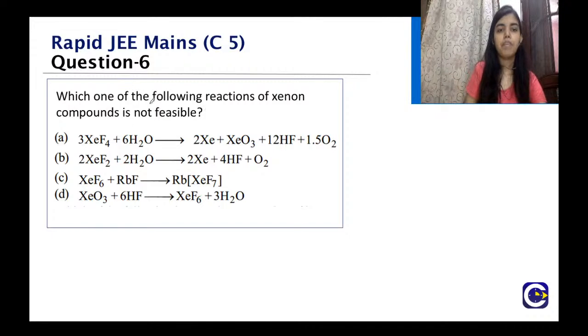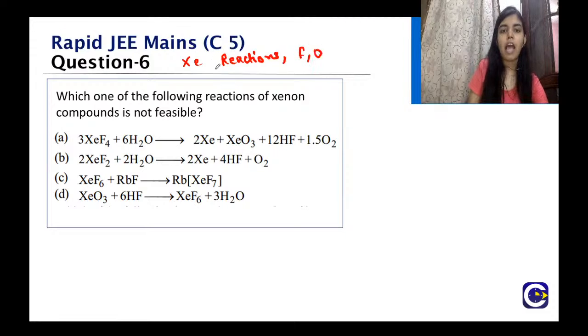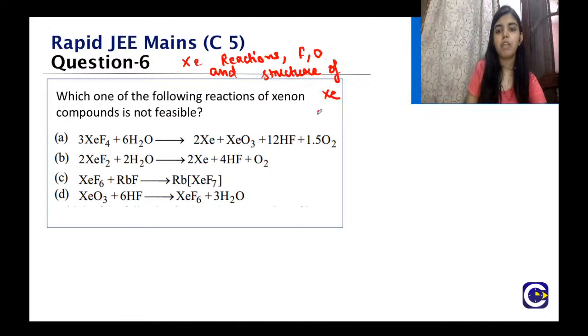Question number 6. Which one of the following reactions of xenon compound is not feasible? So xenon reactions with fluorine, oxygen, and structures of xenon compounds are very important from the examination point of view, right? So while doing the P block, just remember the structures of xenon compounds with fluorine and oxygen respectively, and also the reactions.